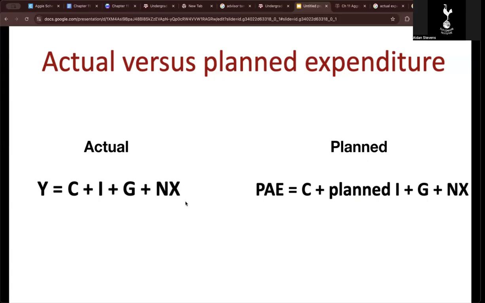Think of planned investment rather than actual investment, as in how much individuals across the entire economy originally planned to invest versus how much they actually invested in the year. Depending on whether the country is going through an economic boom or recession, the actual number will consistently move around the planned line. However, the planned aggregate expenditure line will always stay still.